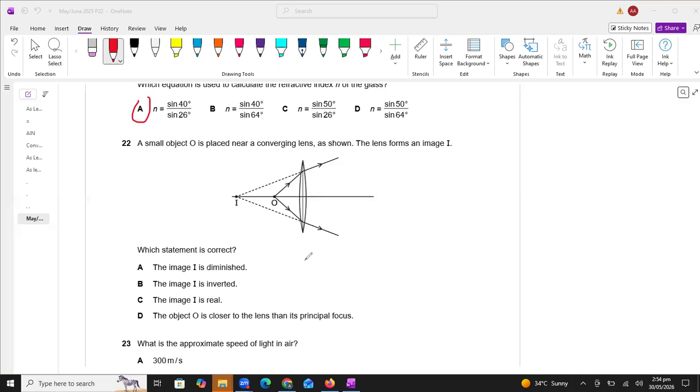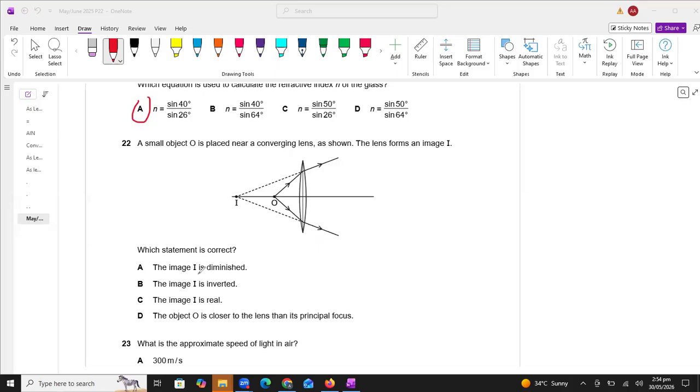They are saying the image I is diminished. But how can we find whether the image I is diminished, because the object is a point and the image is a point? So we are not getting a diminished image. Image I is inverted? No, when the image is formed on the same side, it means that we will get an upright image.